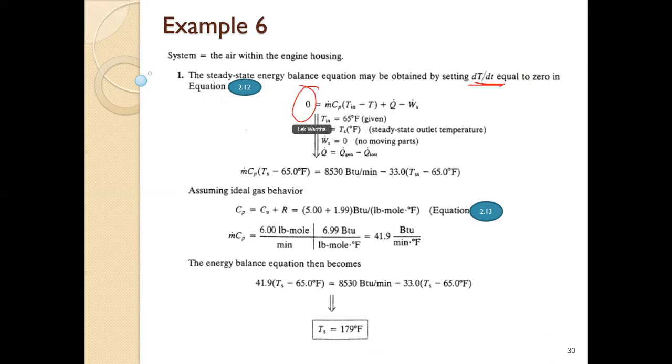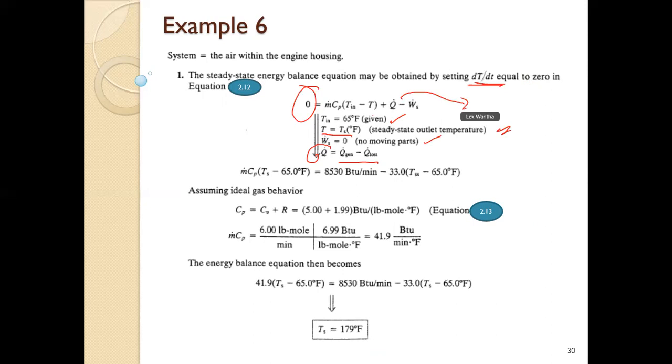MCP (T in minus T) plus Q minus W. T in is 65. T out or T steady state is unknown. There is no work. And Q should be Q gen minus Q loss.